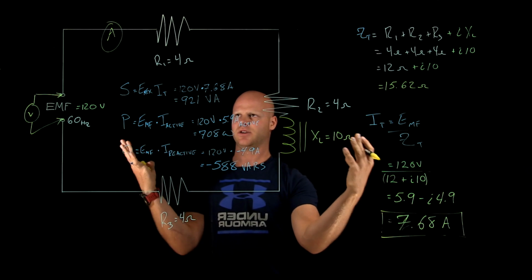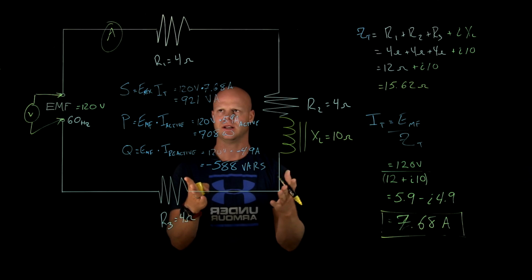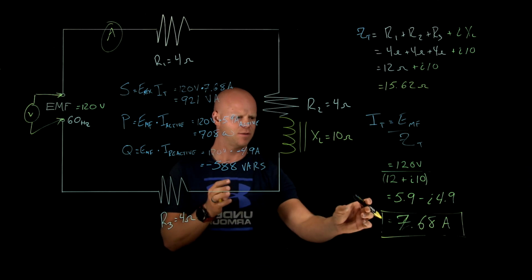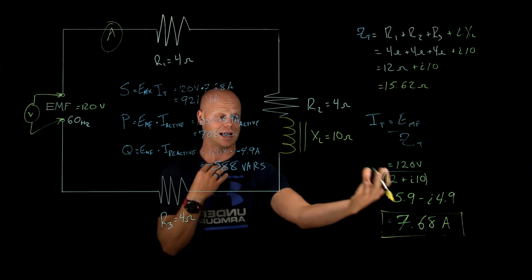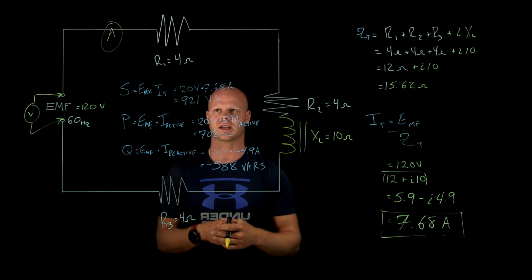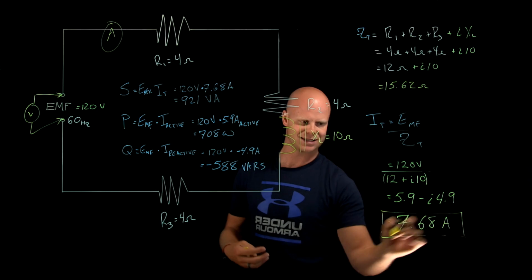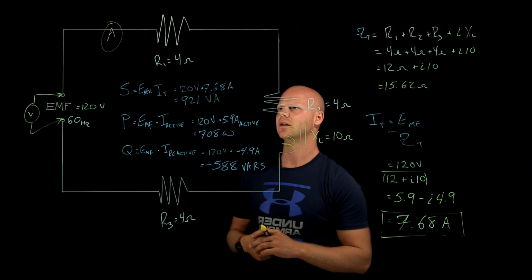It will take those values, do the calculation for you based on the manufacturer's parameters, and give you this value of current. In the end, I need to know how much current is flowing through my circuit. If I'm trying to size my conductors, it's based on that 7.68 amps, that measurable value of current.